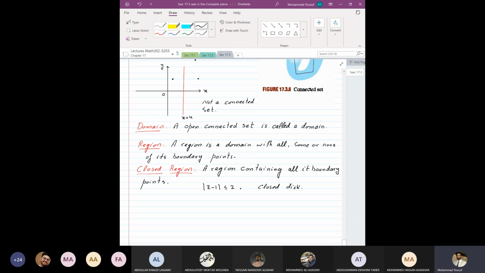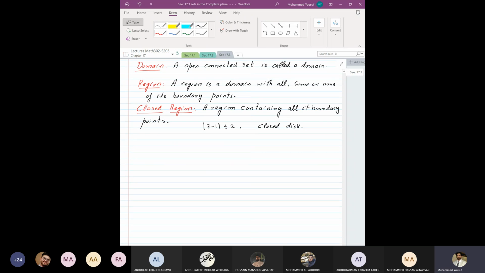But the annular region may have some boundary points and not all boundary points. Say this region is not open, similar to the interval, or closed region.